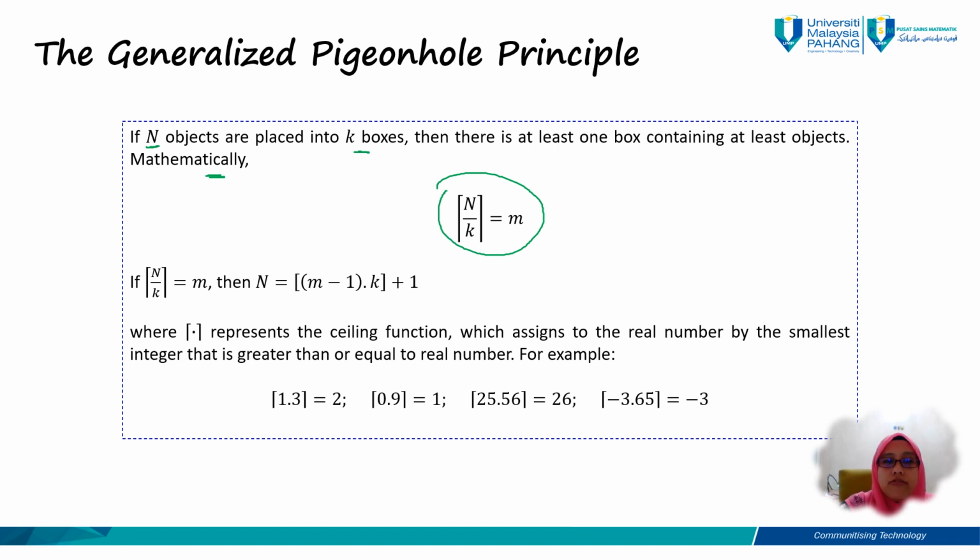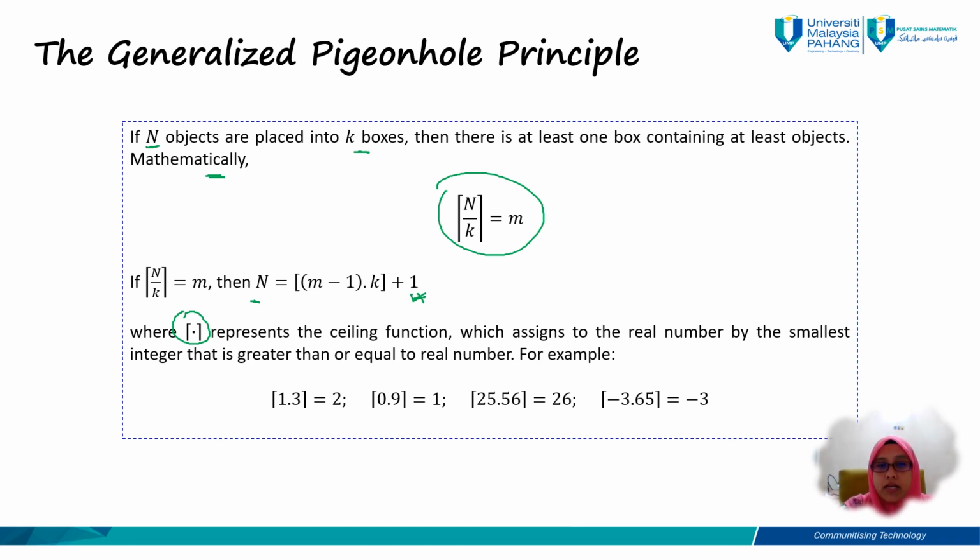And if the ceiling of n over k is equal to m, then we can find the value for n, where the formula is n is equal to m minus 1 multiplied by k, and then plus 1. Here the ceiling symbol represents the function which assigns to a real number the smallest integer that is greater than or equal to the real number.